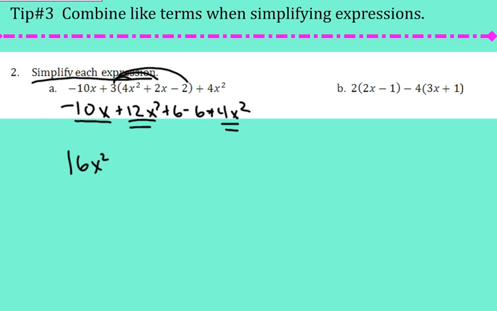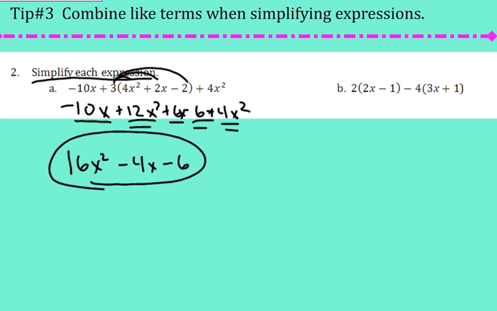Then I've got 10x all by itself. Let's see, that's going to be 6x right there. So that's going to be minus 4x plus or minus 6. That is as simple as I can get it when you're putting it all together right there.